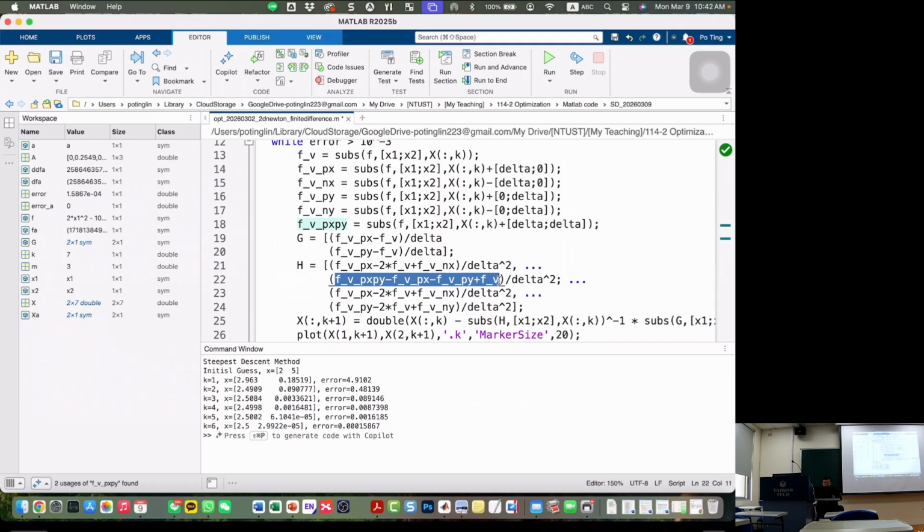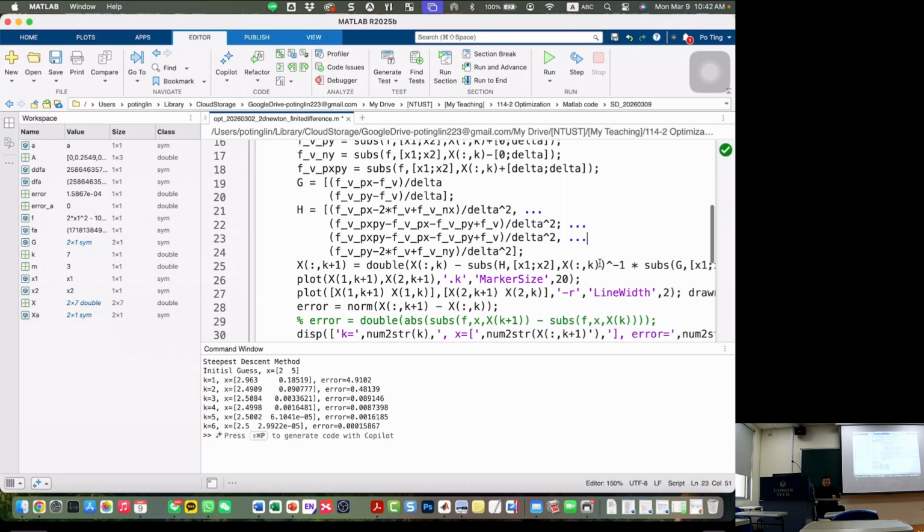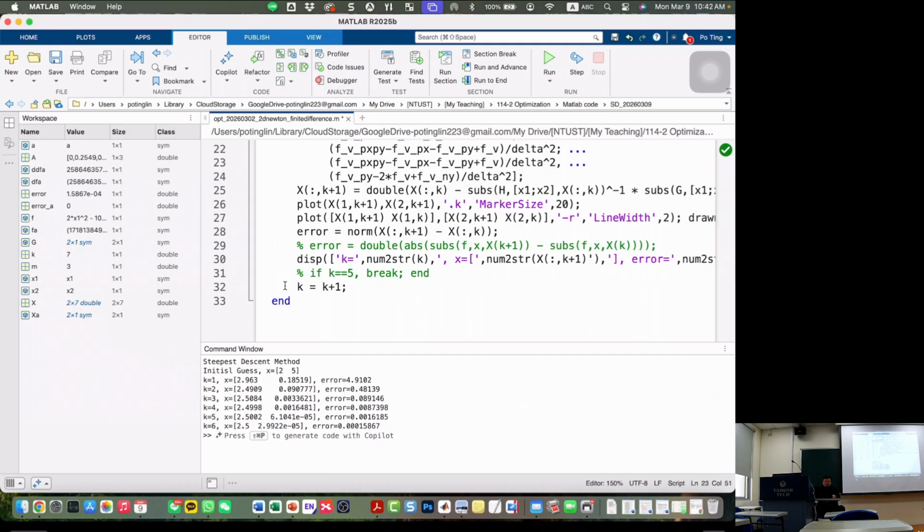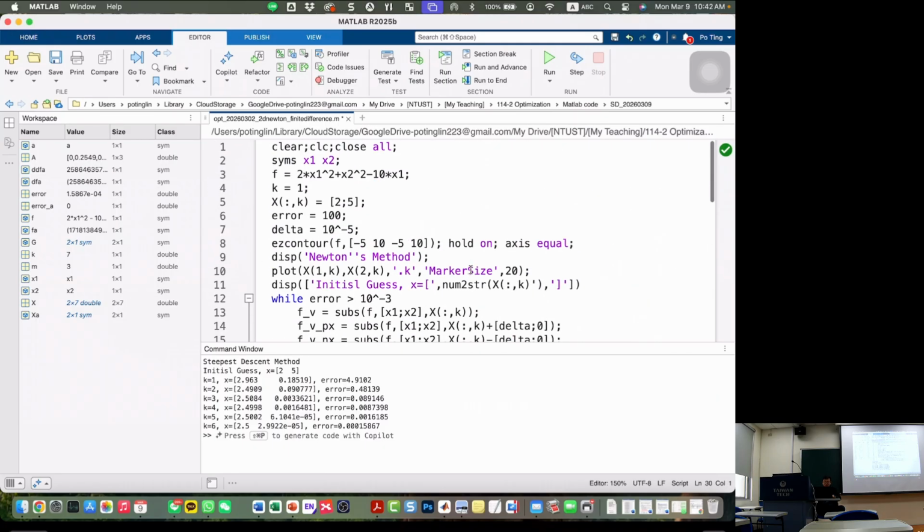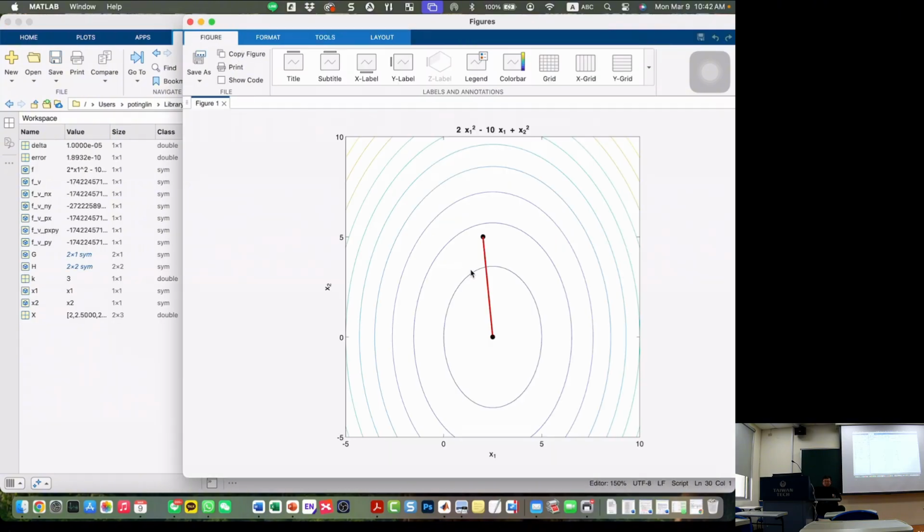Both off-diagonal terms are the same. That gives me the Hessian. The rest are the same. I don't need anything else. So let's try to solve it. Boom.